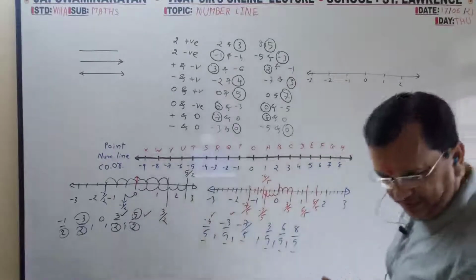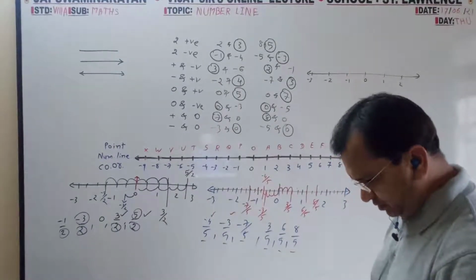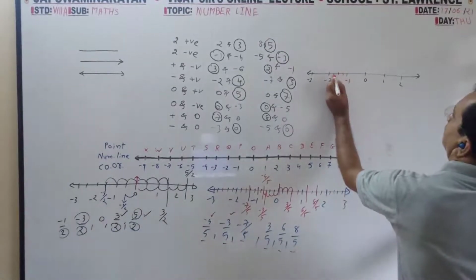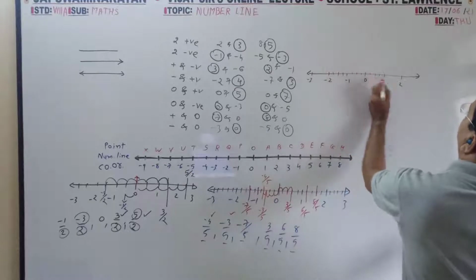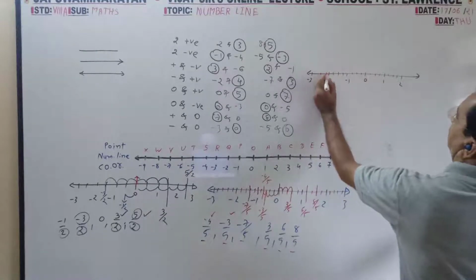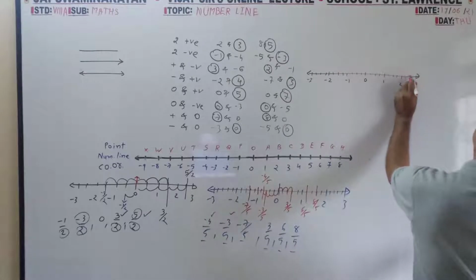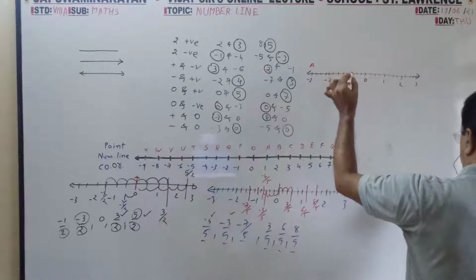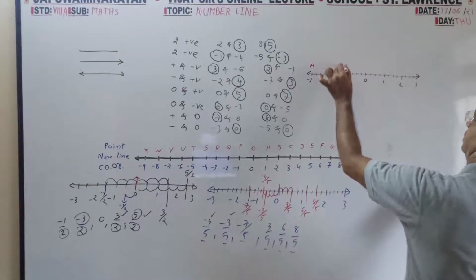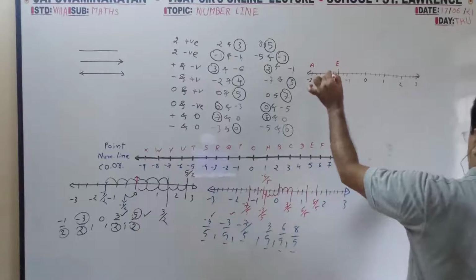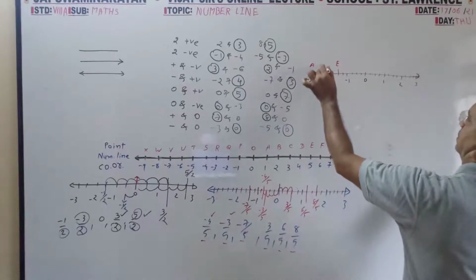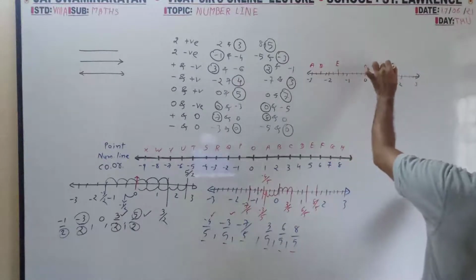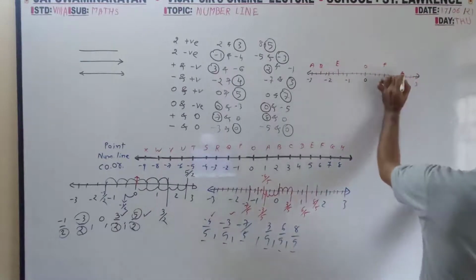Now all are divided into 4 part. Half. Now here it is given A. Here it is given E. Here it is given B. This is O. F. C here.